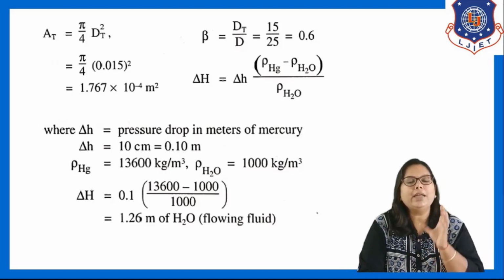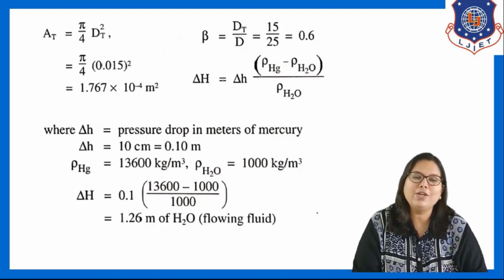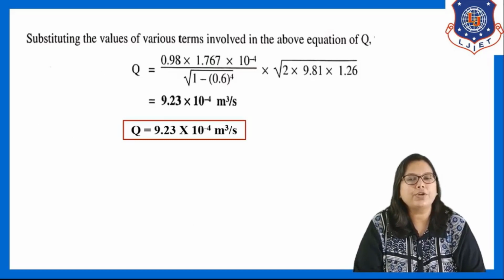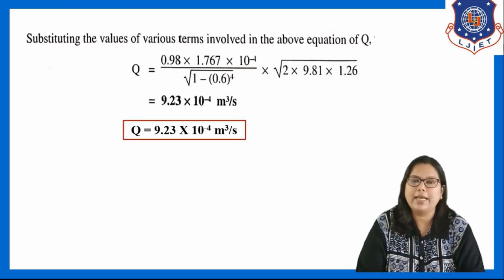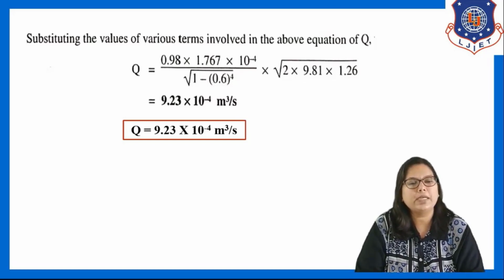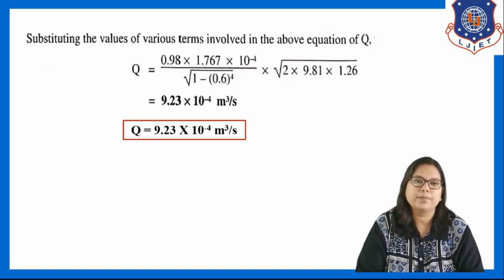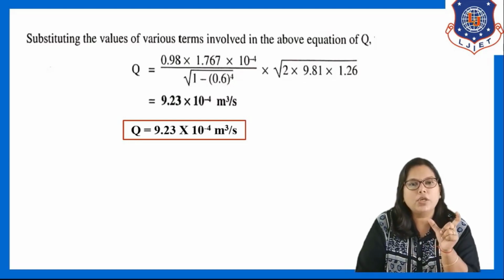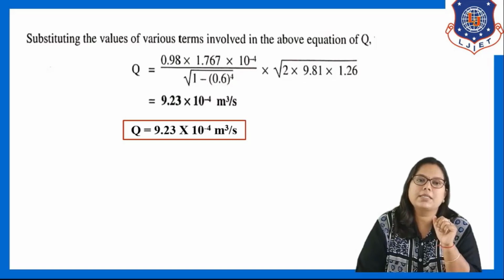Now in our flow equation of Q, we have all the values except Q. So substituting the values of various terms involved in the equation: Q is equal to CV, which is 0.98, AT, which we have calculated as 1.767 into 10 raised to minus 4, upon under root of 1 minus beta raised to 4, where beta is 0.6, so 0.6 raised to 4, into under root 2 into 9.81 into 1.26, which is capital delta H. When you solve this whole equation, you will get the answer 9.23 into 10 raised to minus 4 meter cube per second.